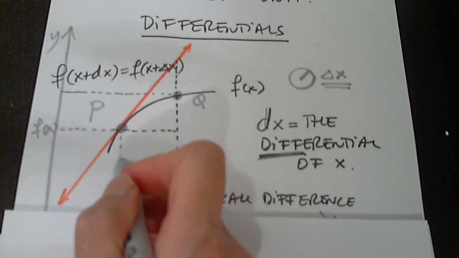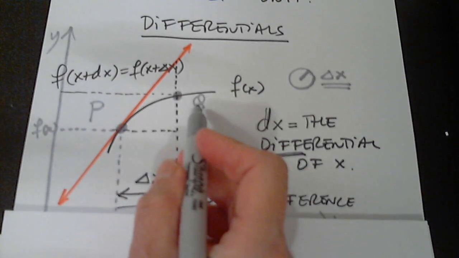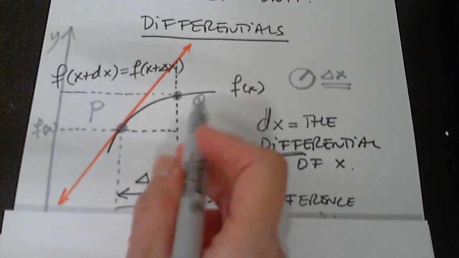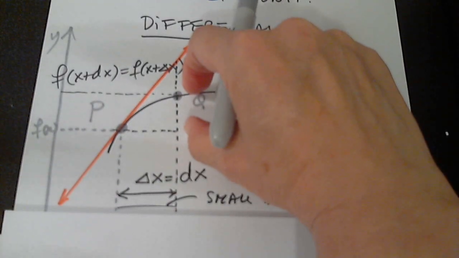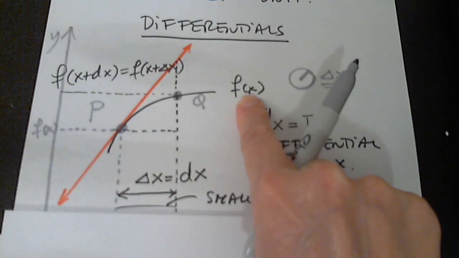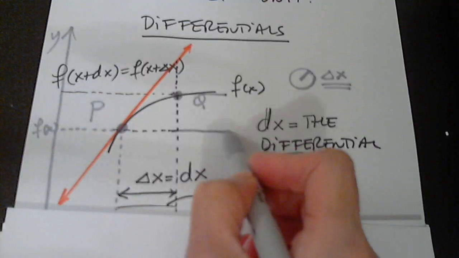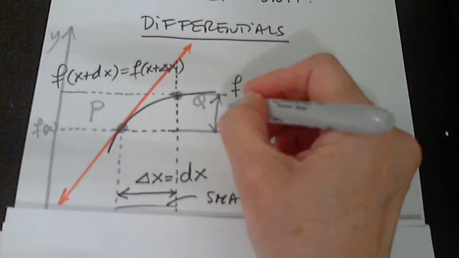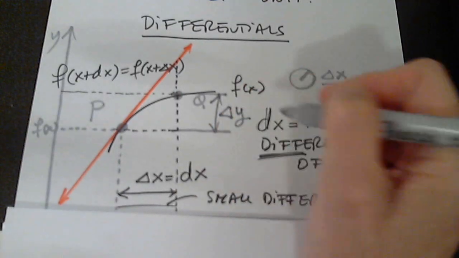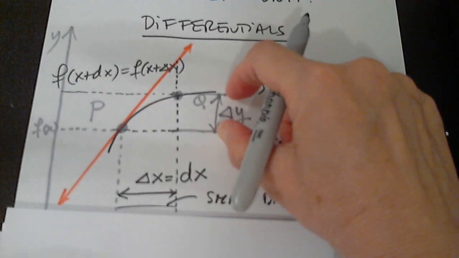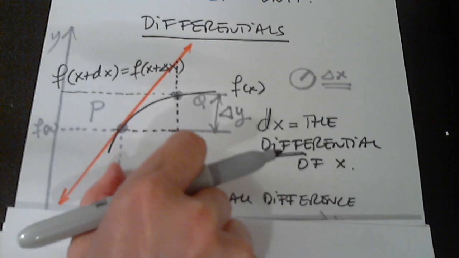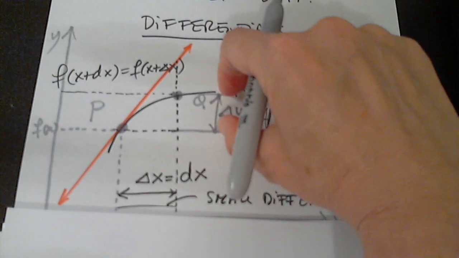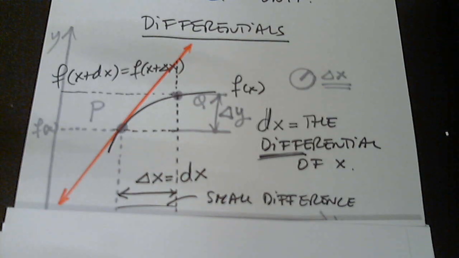So the same thing here. I have a small distance between point P and point Q on the x-axis, but that will trigger a difference in the function values. And what will this be? This is the actual delta y, the actual difference created by this change in x. What is delta y?